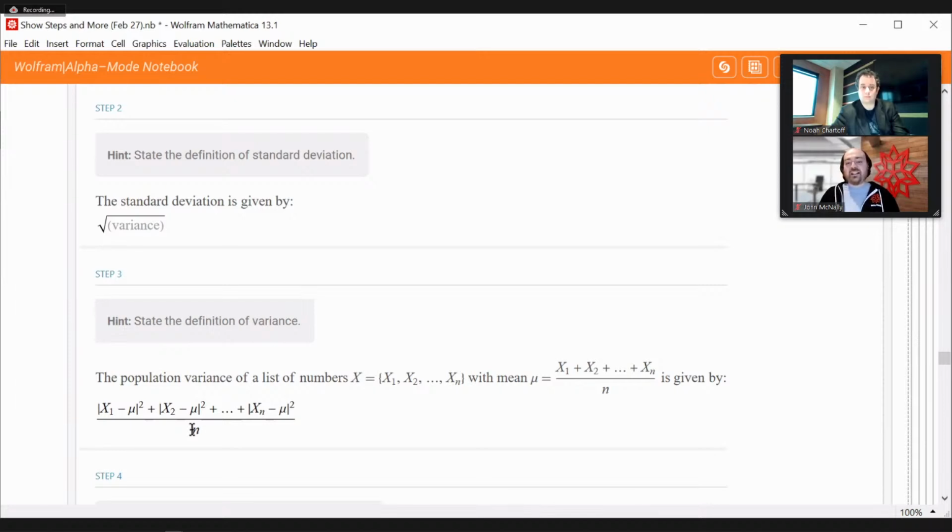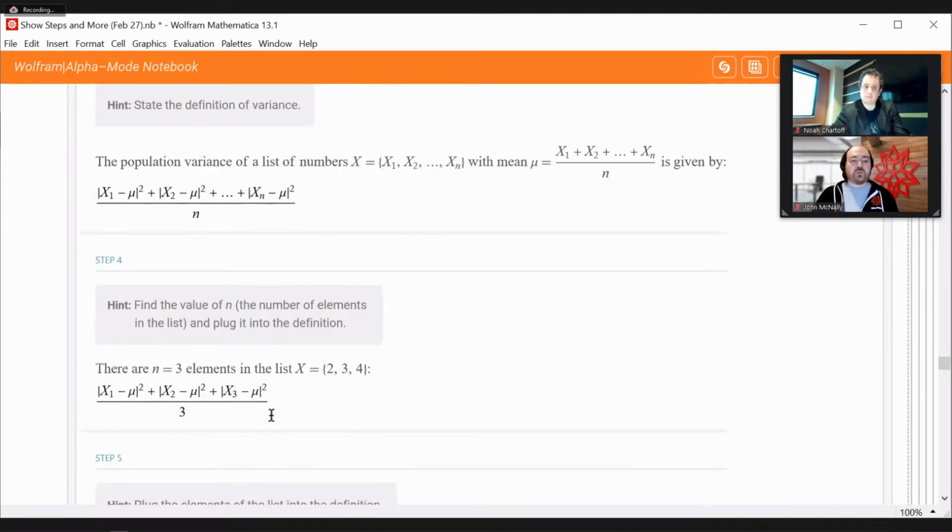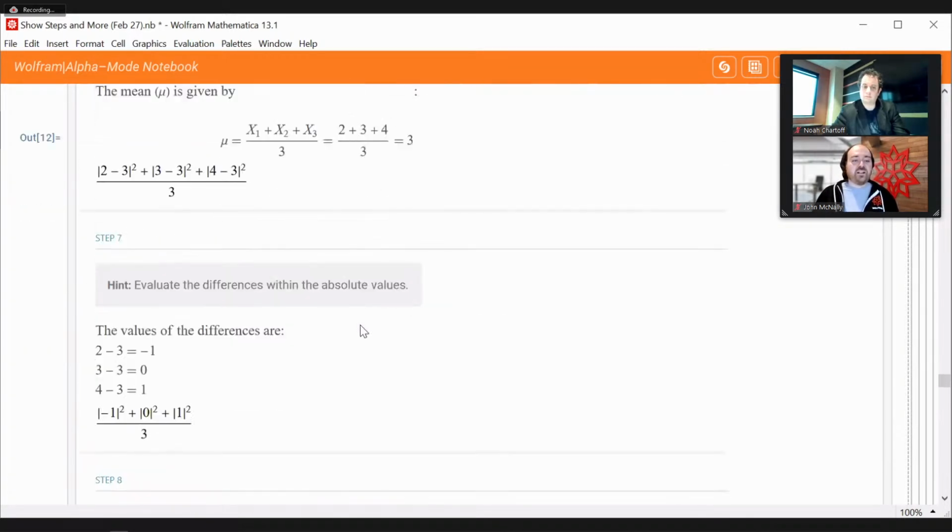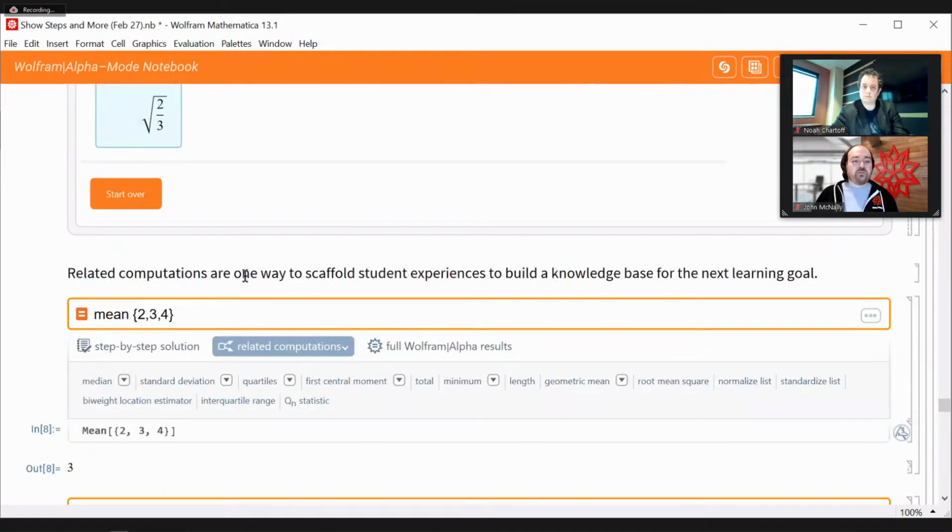So again, you can use tools like this to help students get a sense for contexts that might be a little bit beyond what they're currently interfacing with, and they can help explore that a little bit. But as the instructor, you can frame what the students should be directing their attention towards so that they can get the most out of the experience. And that's one place where it's really nice to have a human in the loop whenever you're dealing with any computer tool. Okay, so that's the explanation for that one.